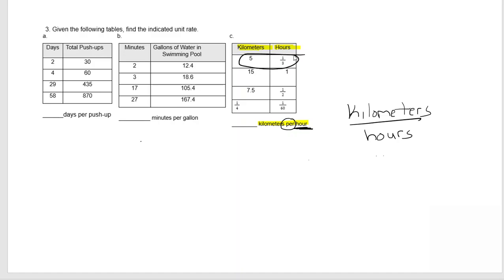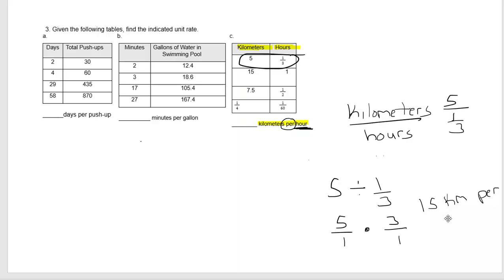So kilometers, 5, divided by hours, which is 1/3. And if I take 5 and divide by 1/3, this is really going to be 5/1. And when you divide fractions, you flip the second one and then you multiply. So this ends up being 15 kilometers in 1 hour. Okay, so 15 kilometers per hour.